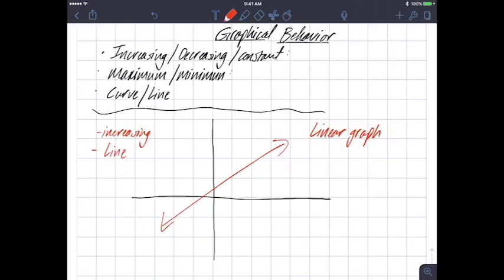All right? So in case you don't know, I'm sure you do though, I'm going to do increase. A graph that would be decreasing would look something like this.